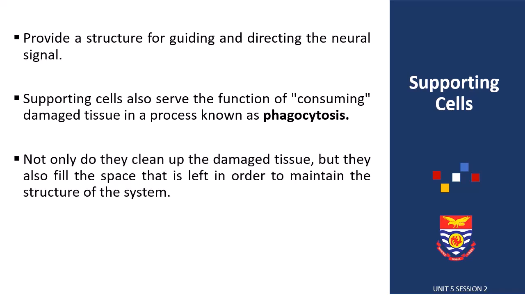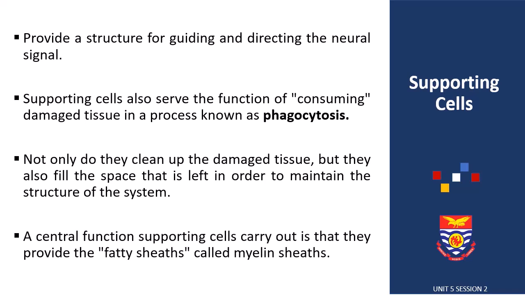They not only clean up these damaged cells, but also fill up the space that is left in order to maintain the structure of the system. They also provide fatty sheets called the myelin sheaths, as we described in session 1.